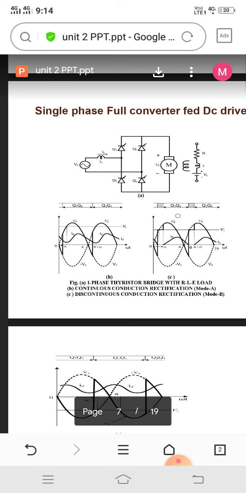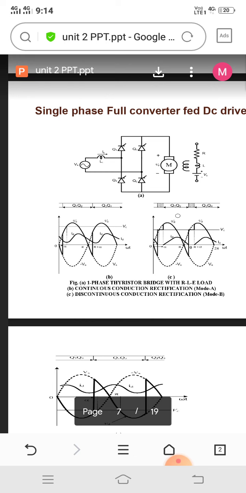First, switches Q1 and Q2 are on, since only these two switches get the gate pulses. At that time only Q1 and Q2 are on, receive the AC supply and convert it properly to DC. After that, Q1 and Q2 will be off.